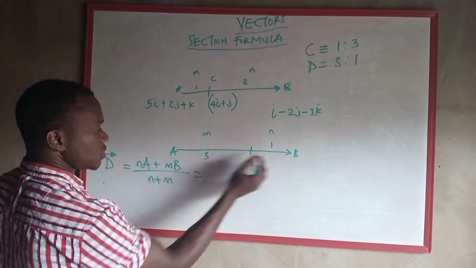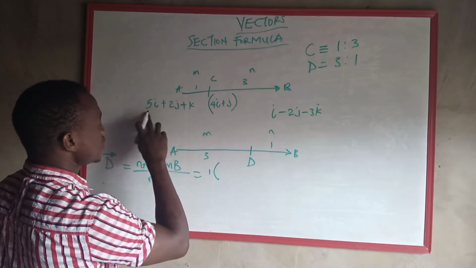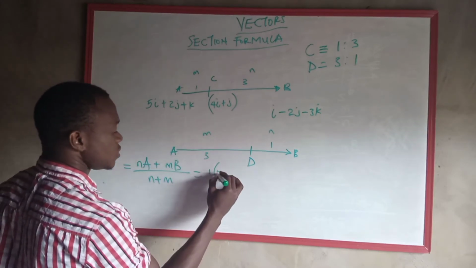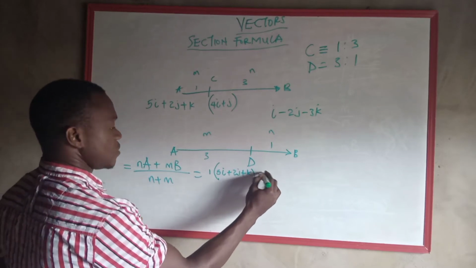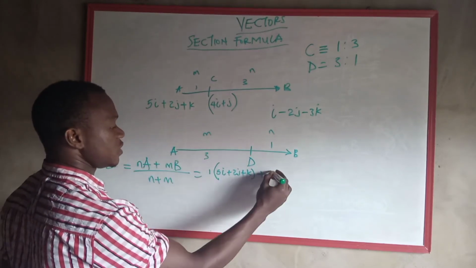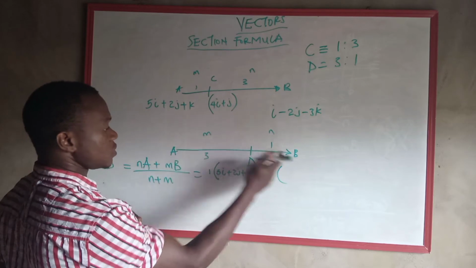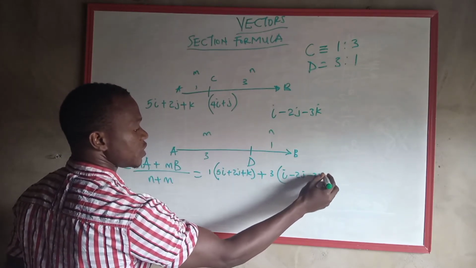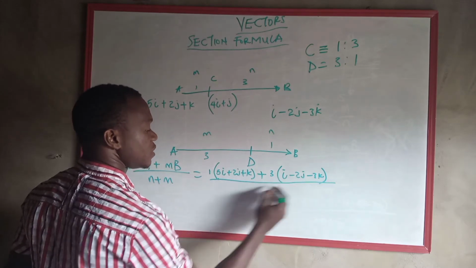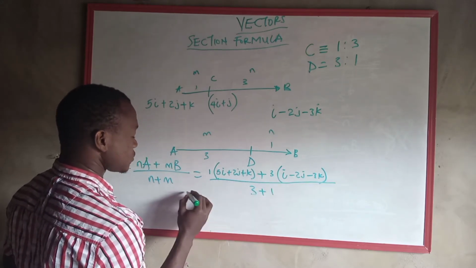Our N is 1, our A is 5i plus 2j plus k, plus our M, which is 3, our B is i minus 2j minus 3k, divided by 3 plus 1.